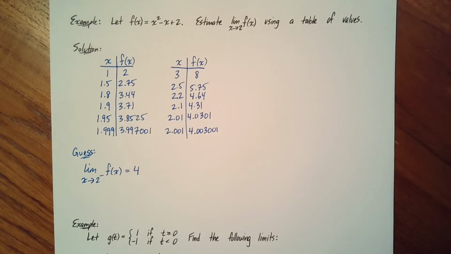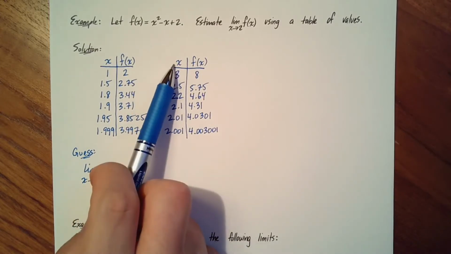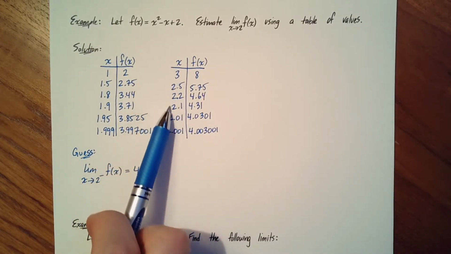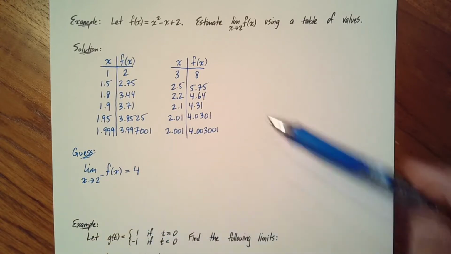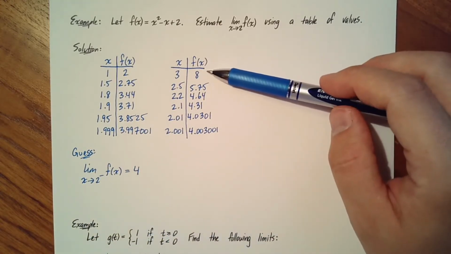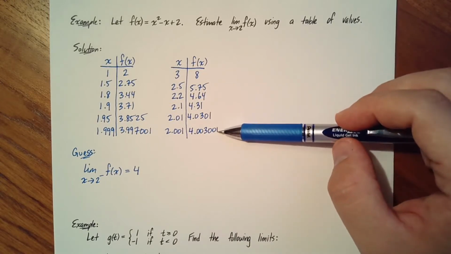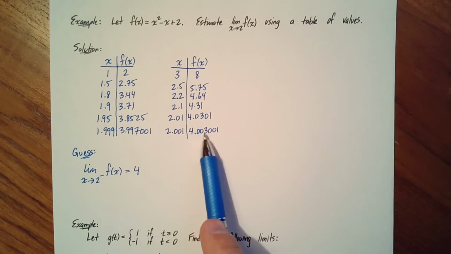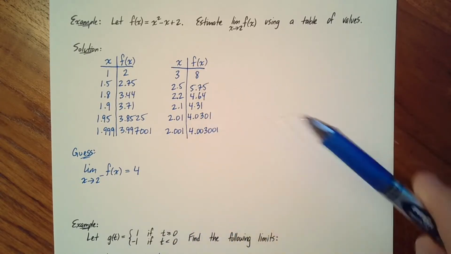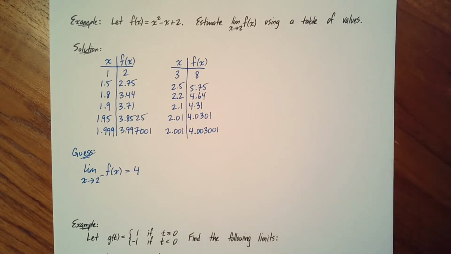But in any event, let's look at what happened. As the value of x gets closer and closer to 2 from the right, through values that are larger than 2, the corresponding output values of the function seem to be getting closer and closer to 4 as well. That's quite close to 4, 4.003001. So it's starting to look like a pattern is emerging here as well. We don't know for sure, right?